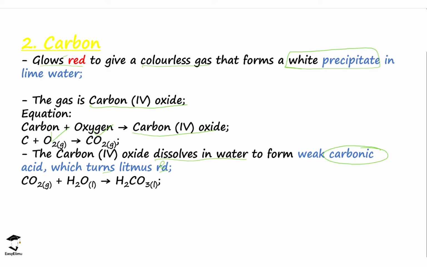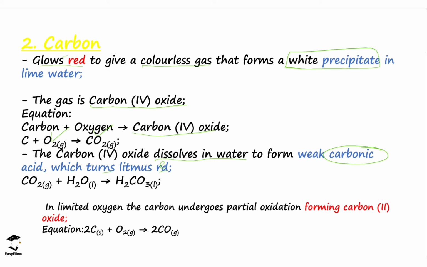So what happens if we burn this carbon in a limited supply of air? If we burn carbon in a limited supply of air, it undergoes partial oxidation. This means that some of the carbon particles are not going to react with oxygen. Only a few of them are going to react.